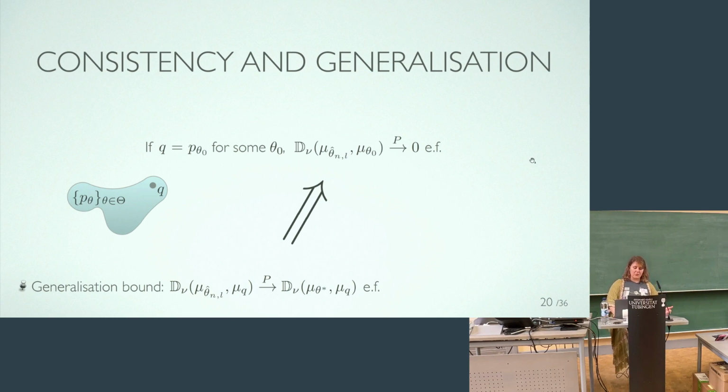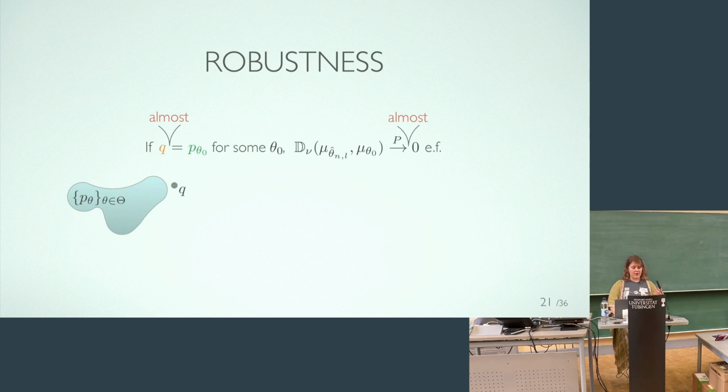But of course, what we're really interested in is a more realistic scenario where Q is not in this family, or rather it's almost there. It's not too far, it's some distance away. Can we say under those assumptions that this distance goes almost to 0?